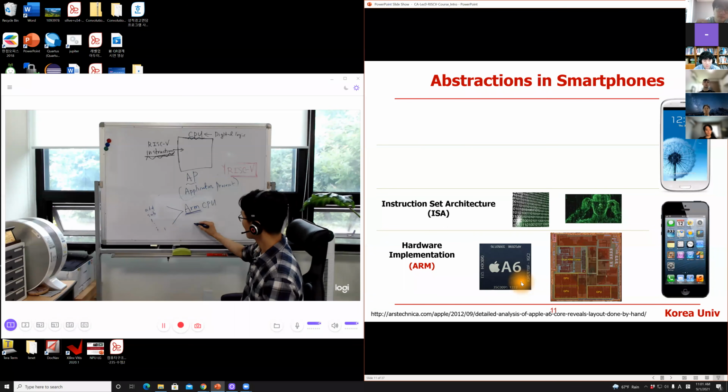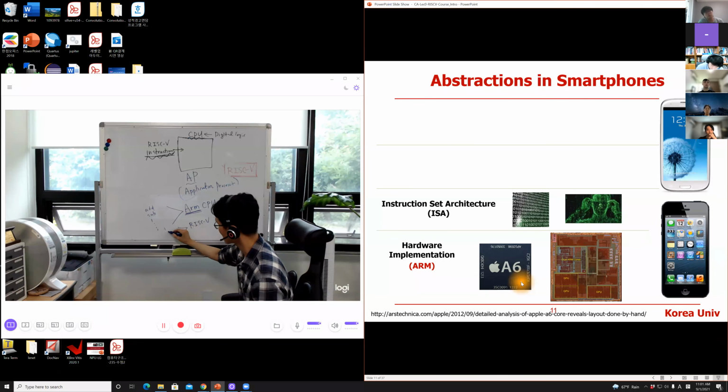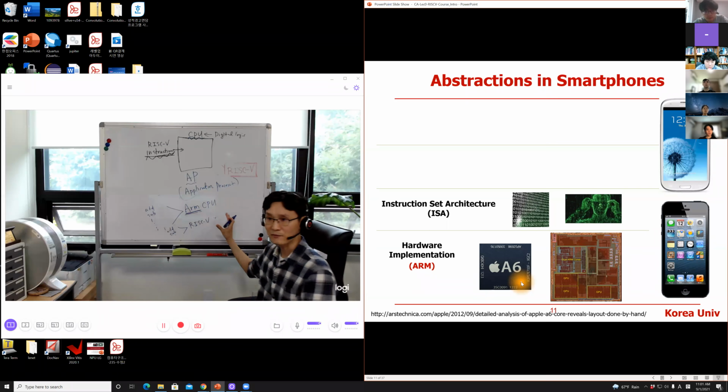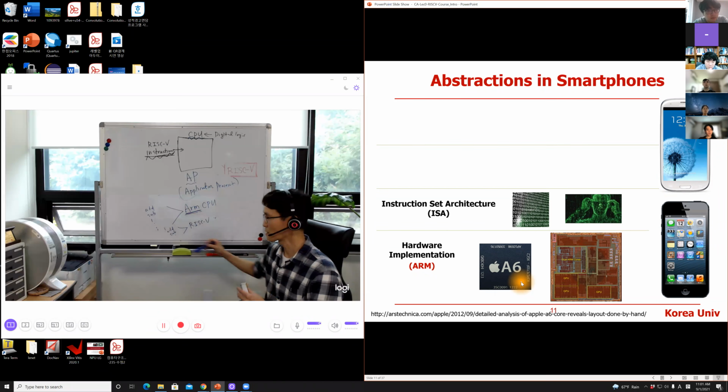Again, we are going to study the RISC-V CPU. It also provides its own instructions, with slightly different shapes, but like addition instruction, subtraction instruction, and so on. So depending on the CPU, the instructions are a little bit different.